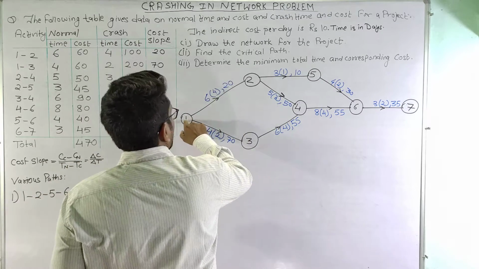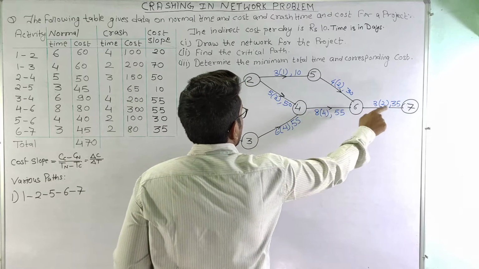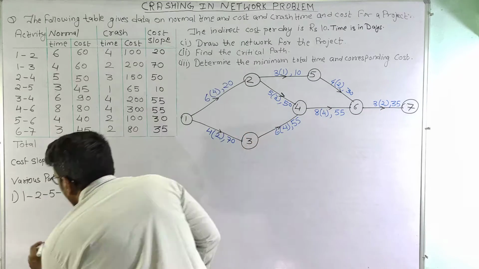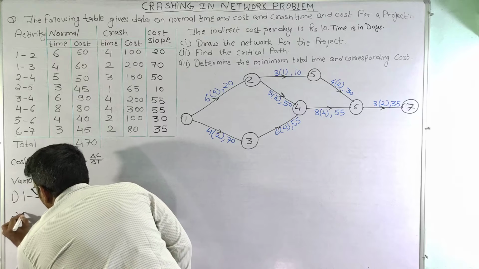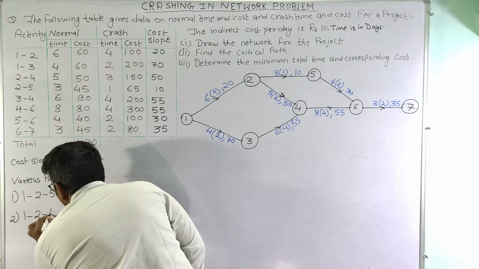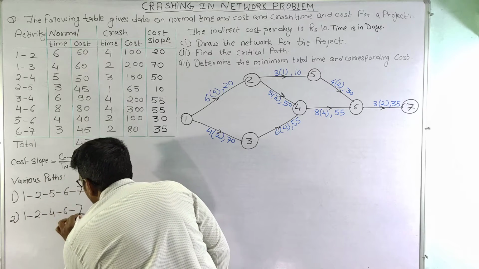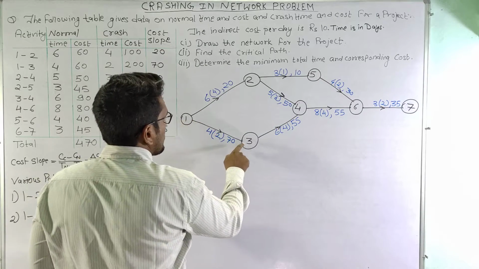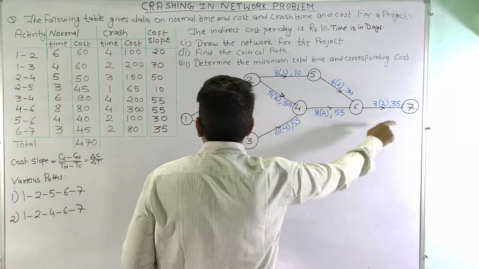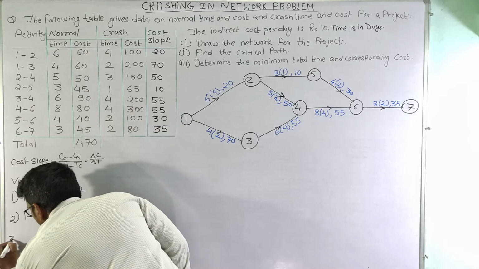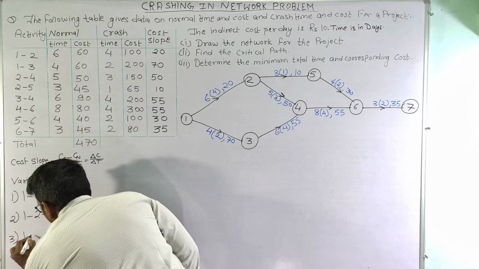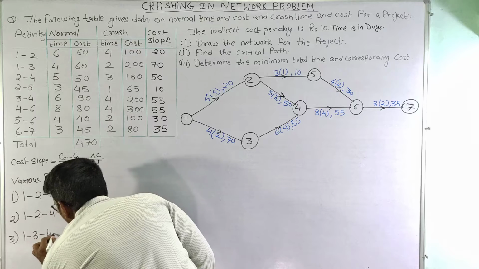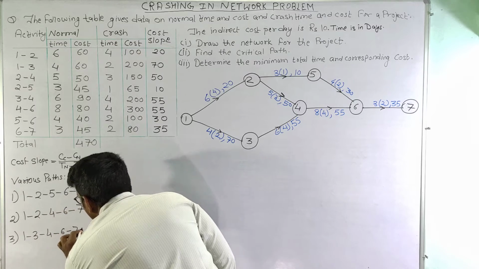And the second path is 1, 2, 4, 6 and 7. Similarly, third path is 1, 3, 4, 6 and 7.